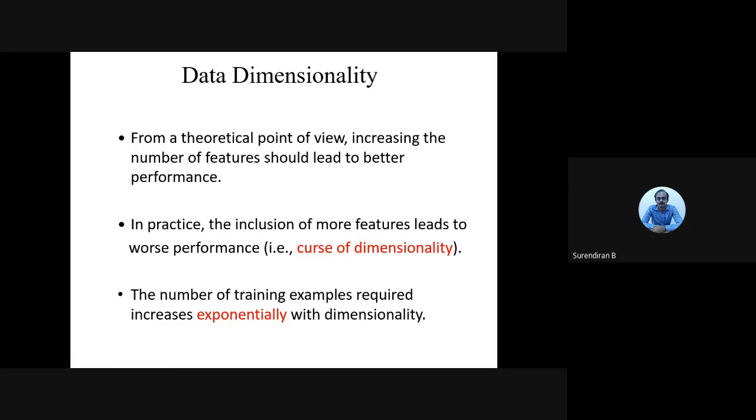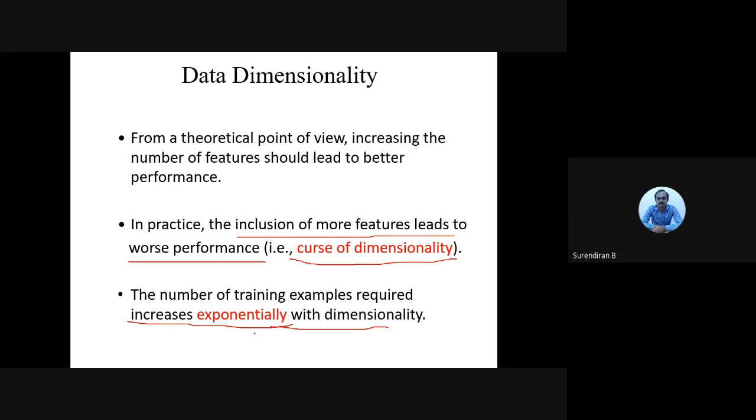Inclusion of more features leads to worse performance of the classification. We call it the curse of dimensionality. If the number of training samples increases, or if you use more features, then the training takes more time, and it increases exponentially with more dimensions.